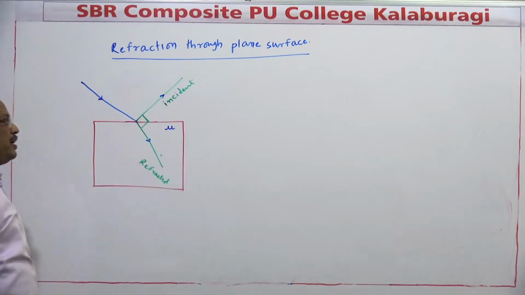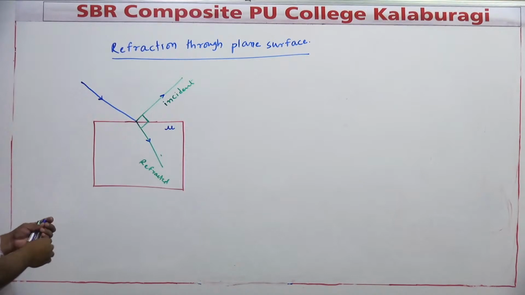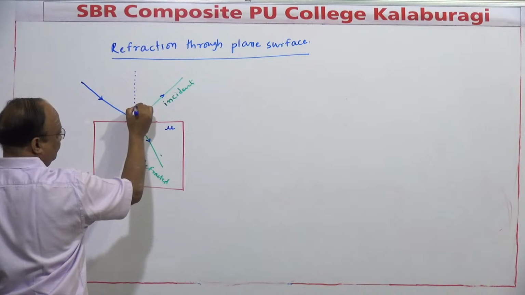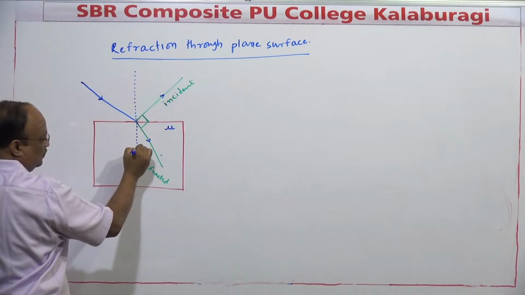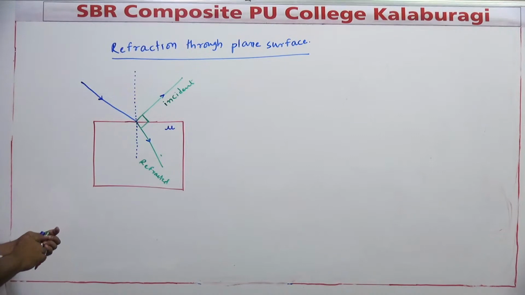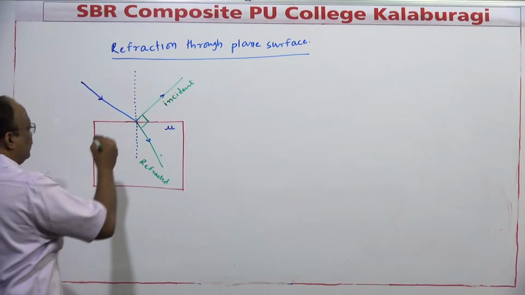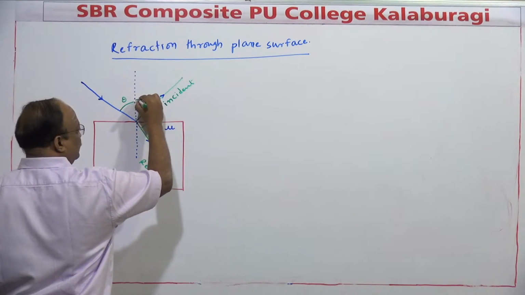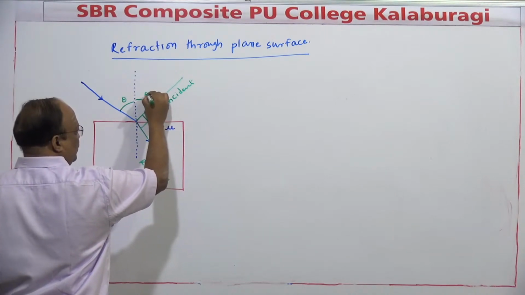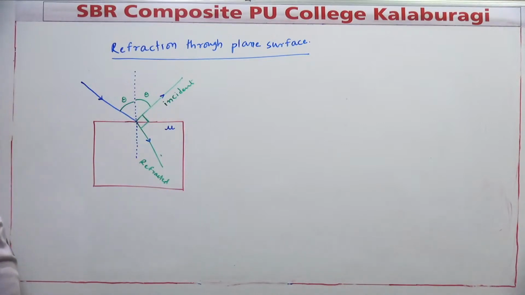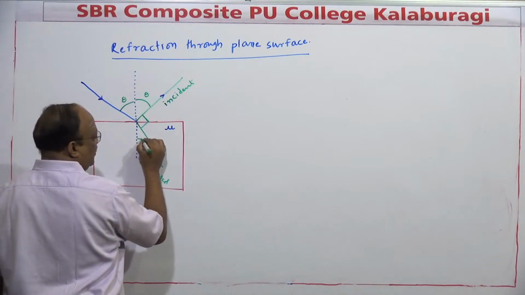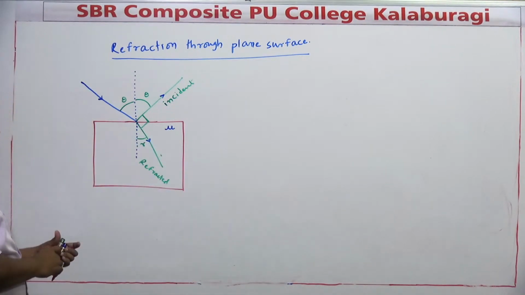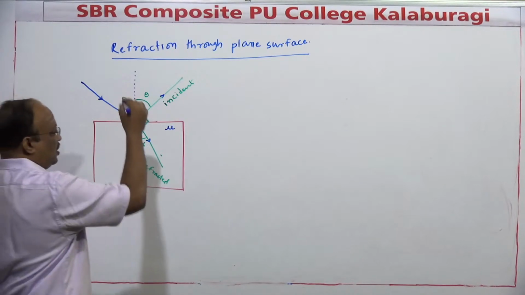So then how will it be? If this is our angle theta, then this also will be theta. So let us consider this refracted angle is some r.